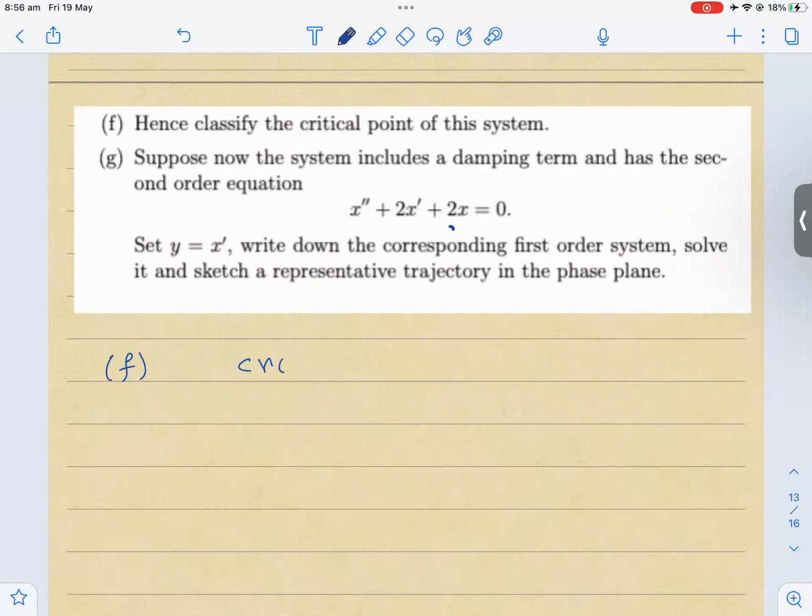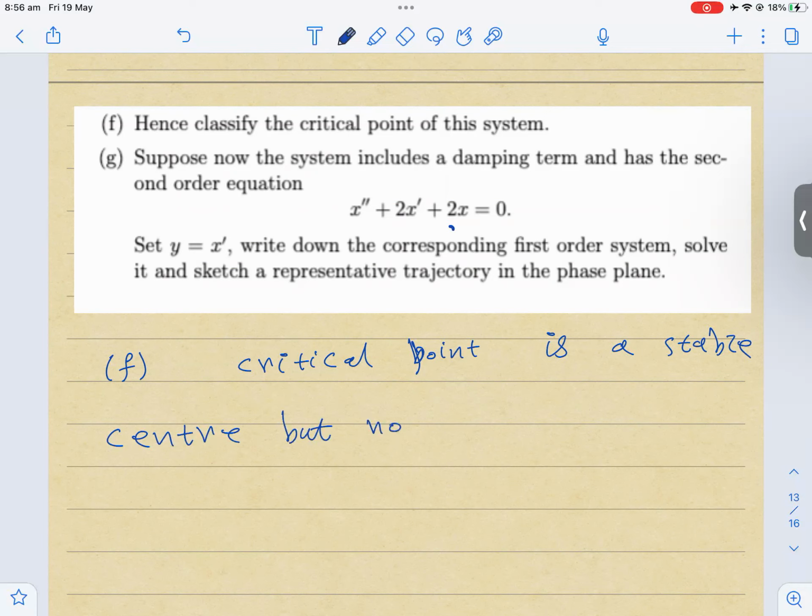Part F. So the critical point is a stable center, but not attractive.